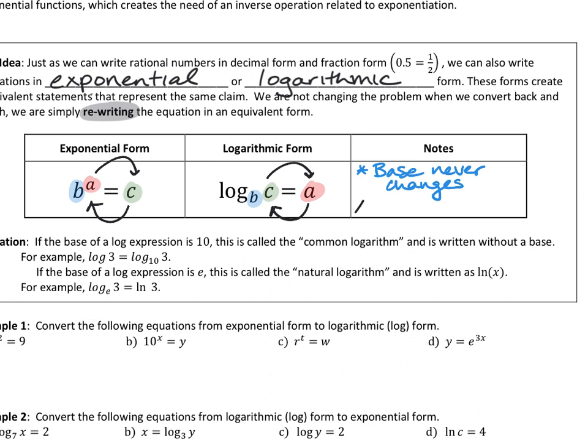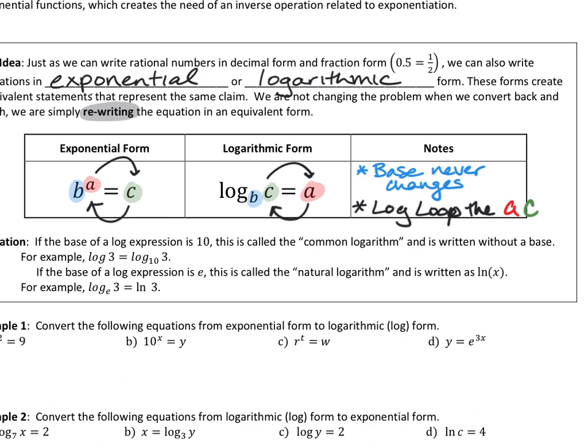The other thing you do is you just loop, so we're going to call that the log loop. You log loop the A and the C. They switch places. So we're just writing them back and forth between these two forms, the same way I could ask you to take a decimal and change it to a fraction, or a fraction and change it to a decimal.